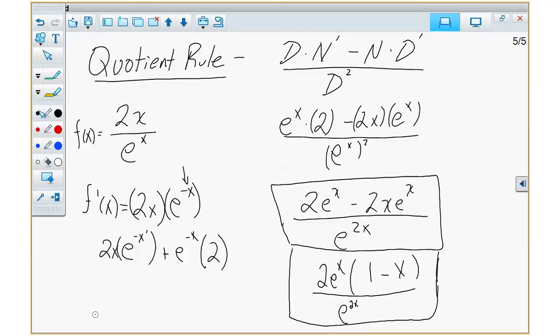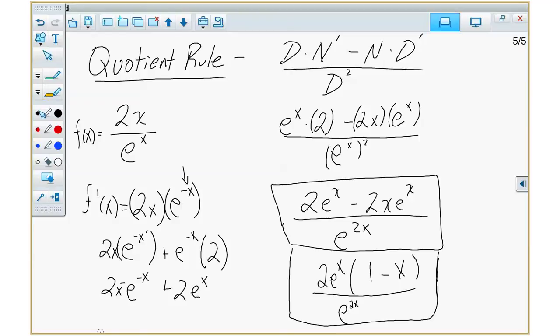That's going to be 2x negative e to the negative x plus 2e to the x, and that's going to work out to come out to be like that too.